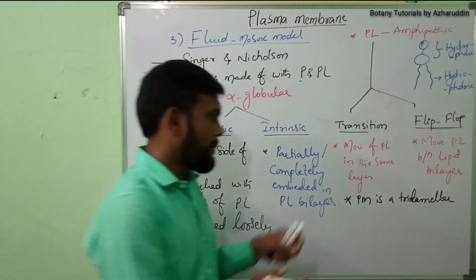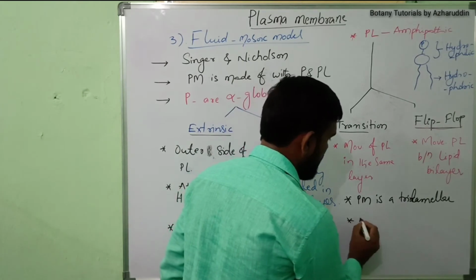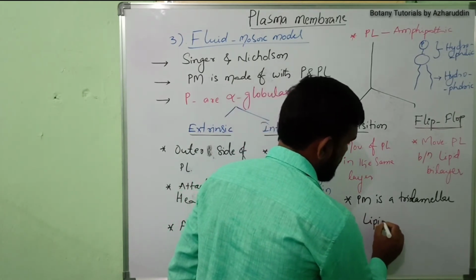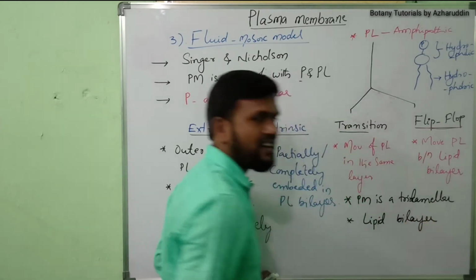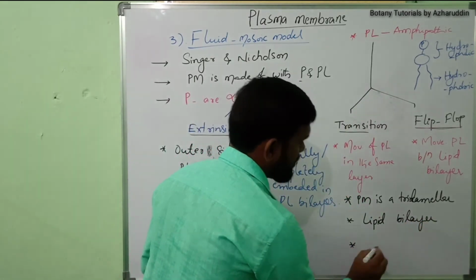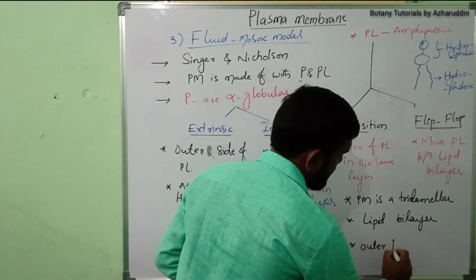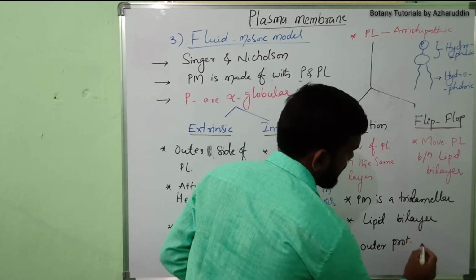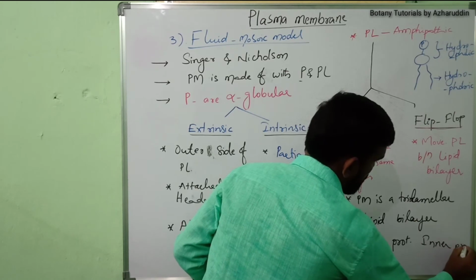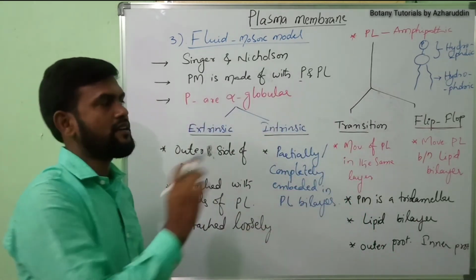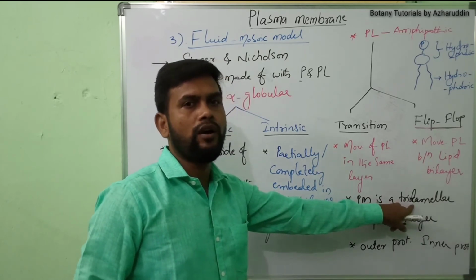In the middle, the lipid bilayer is present. On either side of the lipid bilayer, proteins are present, an outer protein layer and an inner protein layer. Three layers are present in the plasma membrane. That's why it is called the trilamellar model.